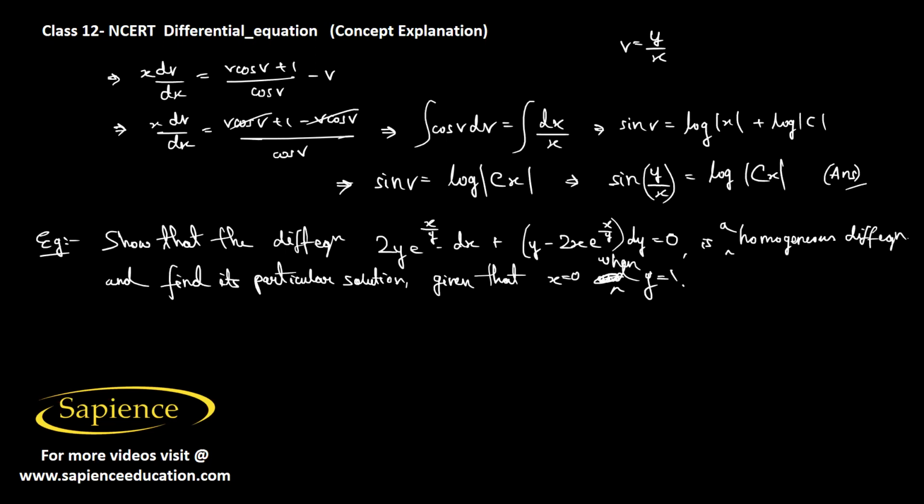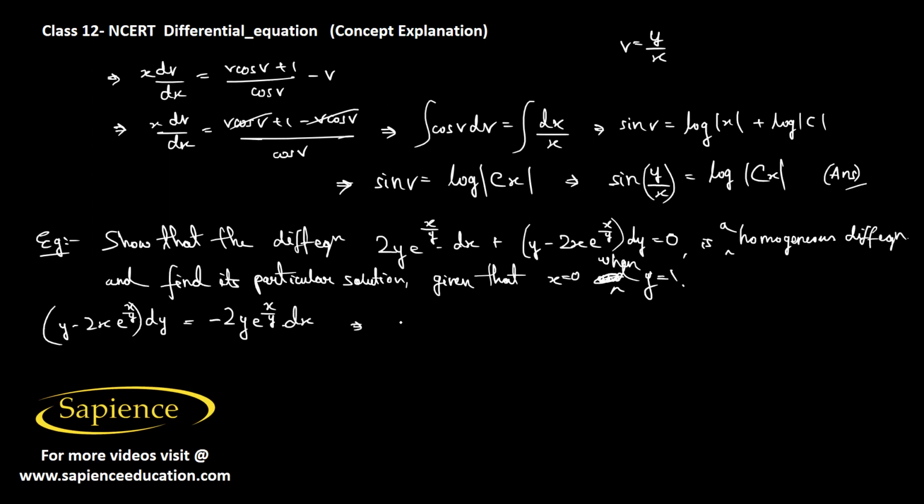So in this differential equation also we can write it as dy into y minus 2x e power x by y equal to minus 2y e power x by y into dx.